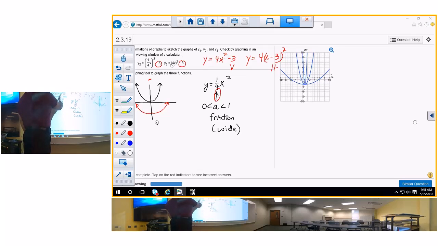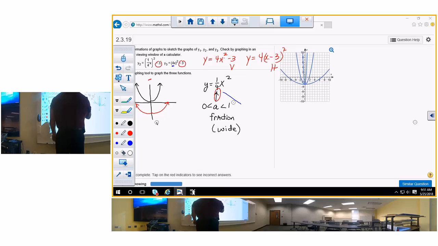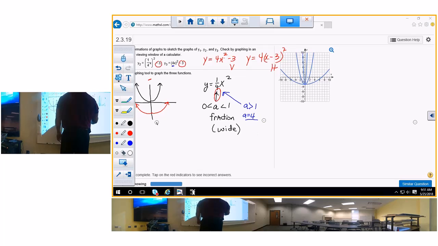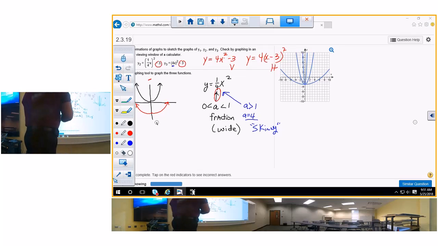I know that if A is greater than 1, which in this case A is equal to 4, it's going to be skinnier than the black parent graph.